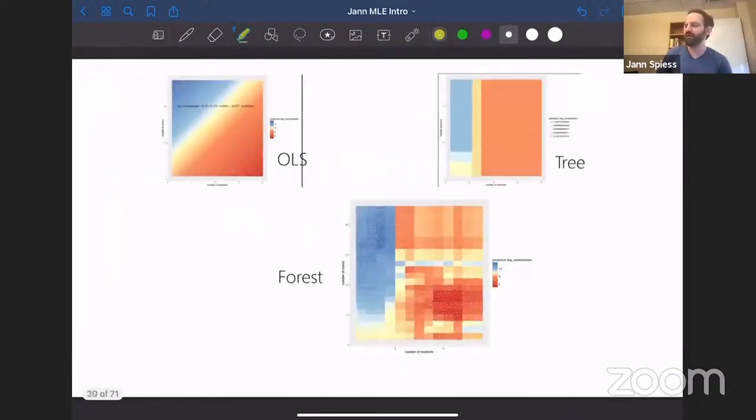If you compare the typical structure of a linear regression in this two-variable example and that of a tree, you see that the linear regression has a very global structure that is enforced by the simple linear functional form. The tree has a very locally constant structure where it is very good at finding interactions, but also produces areas with constant predictions. The random forest, even out of the box, is usually very good at a combination of both, creating a function that is smooth enough while also allowing for the modeling of interactions.